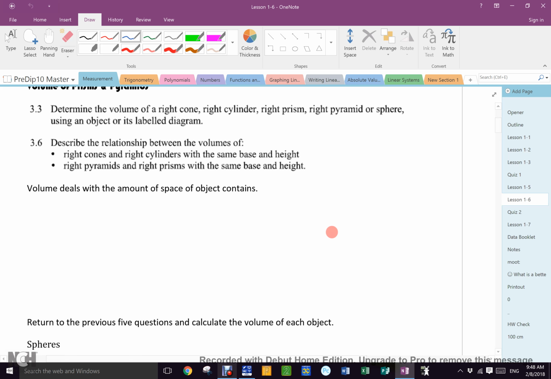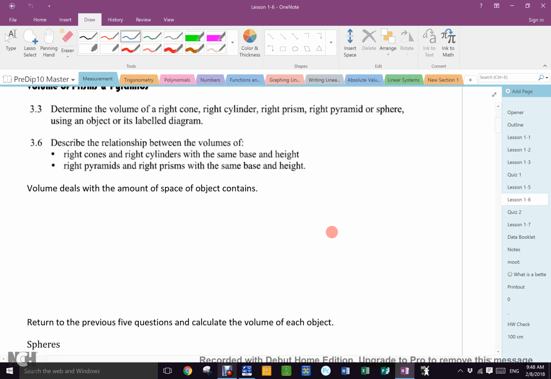So, volume deals with the amount of space the subject contains, which means volume has 3 dimensions, because it is the amount of space the entire object takes up. Now, there's a difference. Okay?